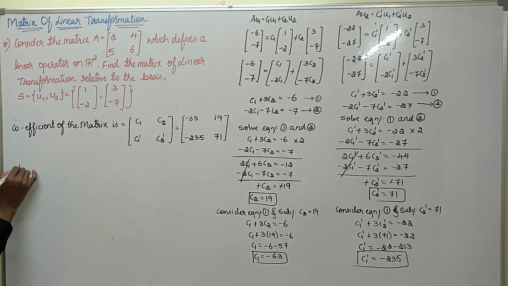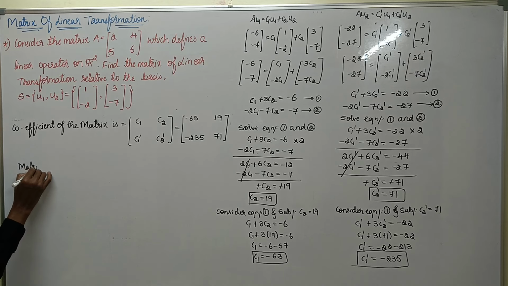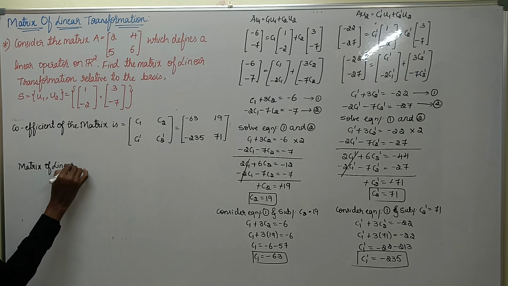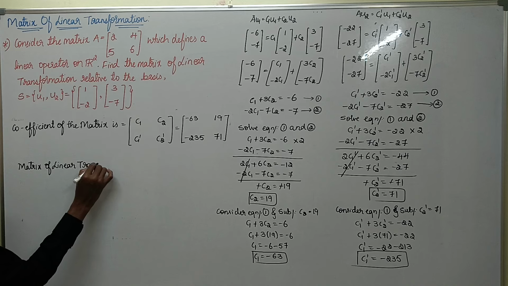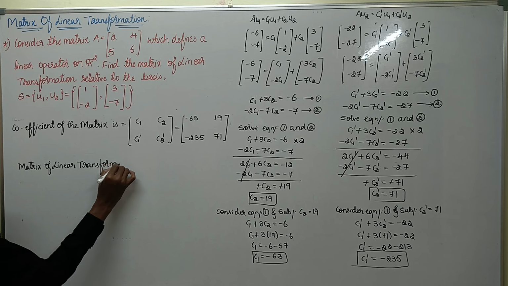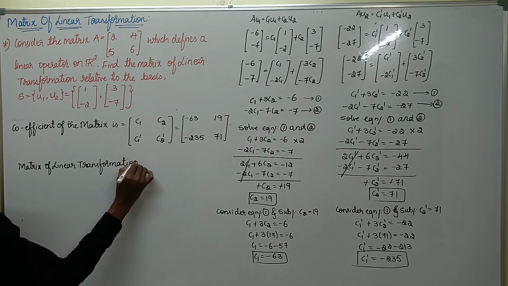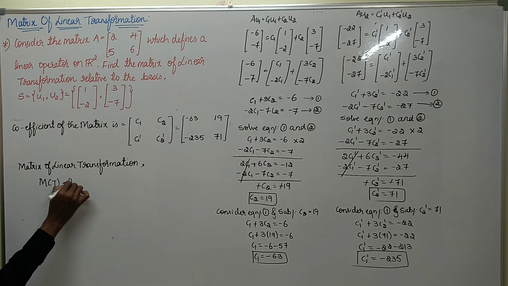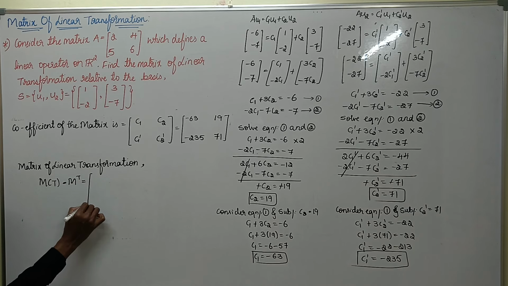Now we need to represent the matrix of linear transformation. The matrix of linear transformation is given by M of T, which is equal to M transpose. What do you mean by M transpose? Row changes to column, column changes to row.